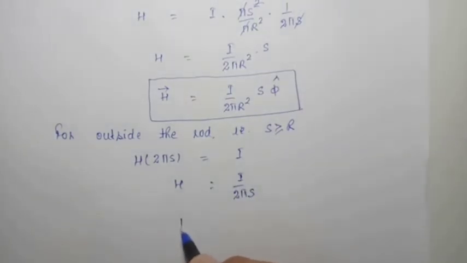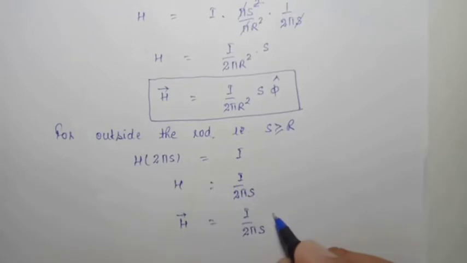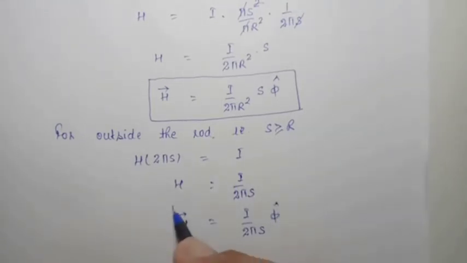Because this is a vector quantity, we can write H vector is equal to I over 2 pi s, and here we have phi cap.